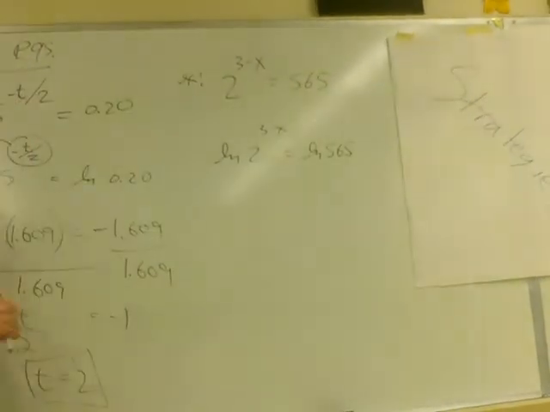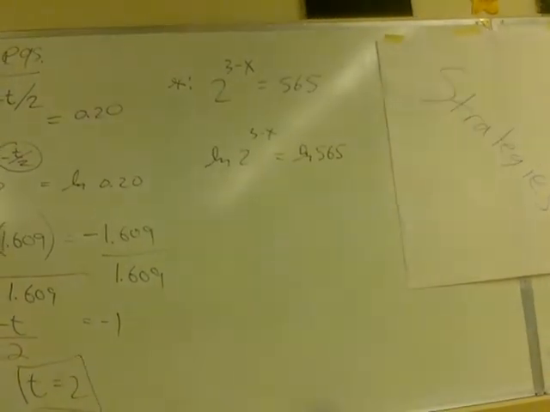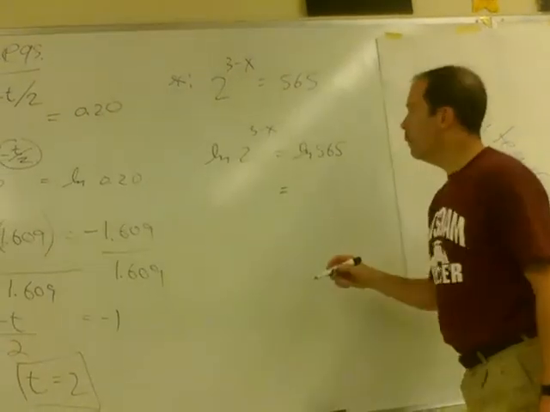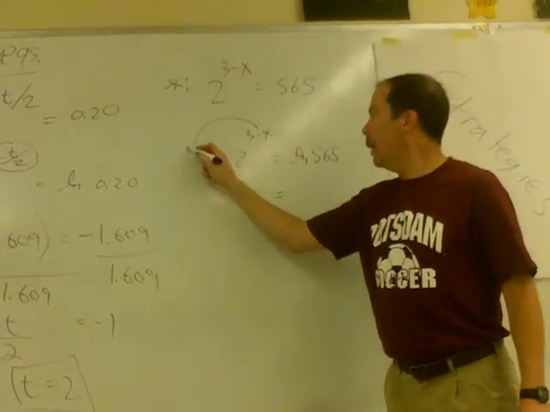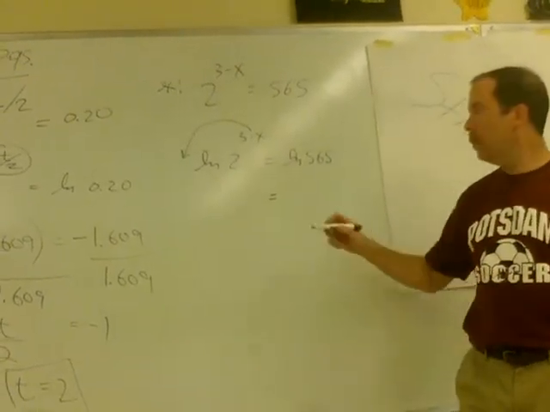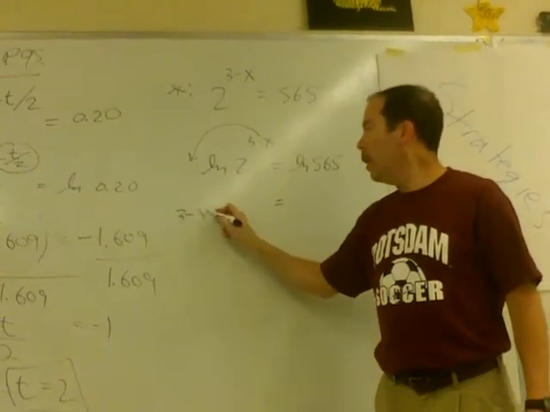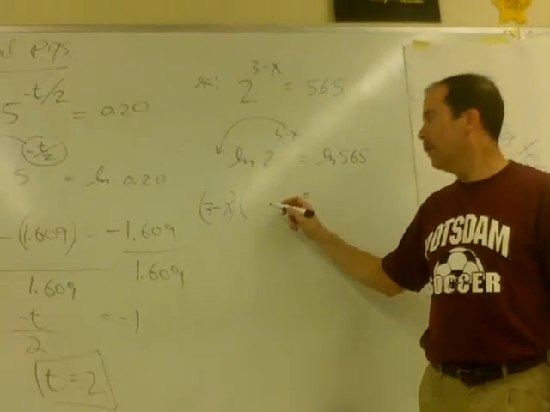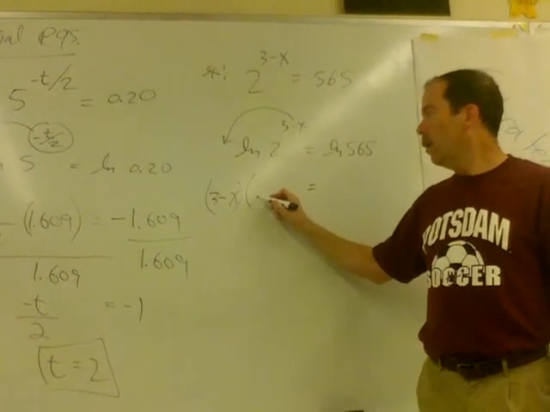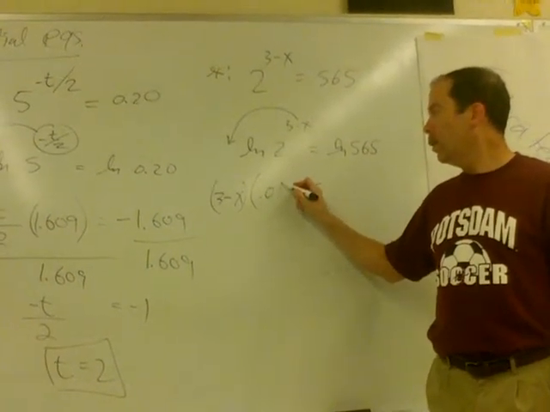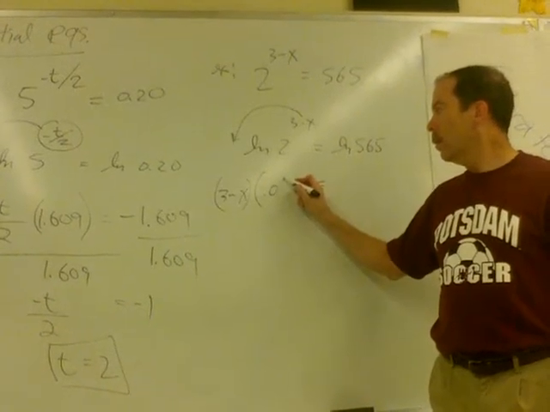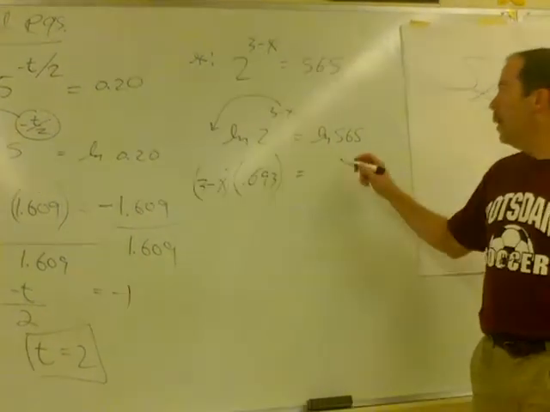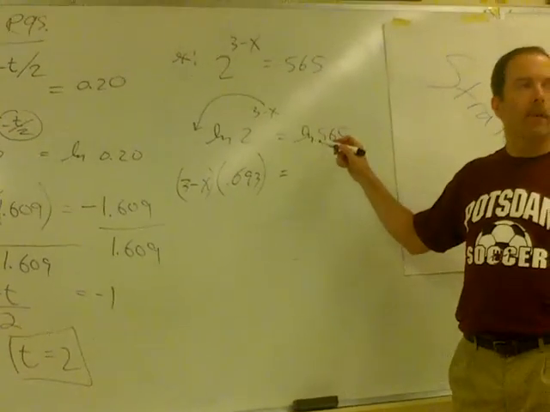We bring the exponent down in front, because that's using one of our laws of logarithms. The natural log of 2 is 0.693. The natural log of 565 is 6.337.